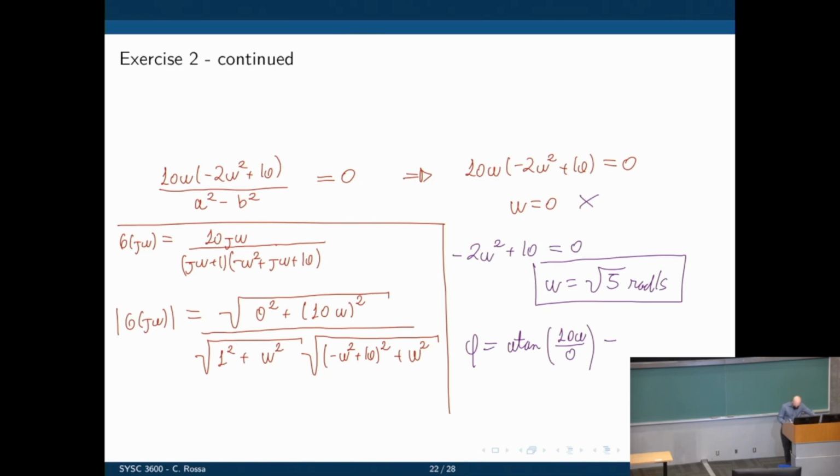Minus the inverse tangent for one of the poles, imaginary part omega over 1 real, and minus arctan of imaginary part omega over real part 10 minus omega squared. All right, and then replace omega with the square root of 5, and then you have the phase.